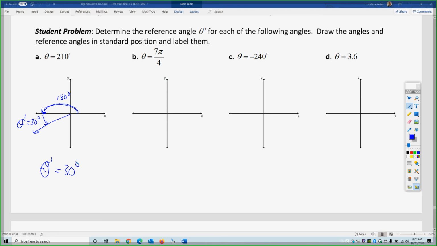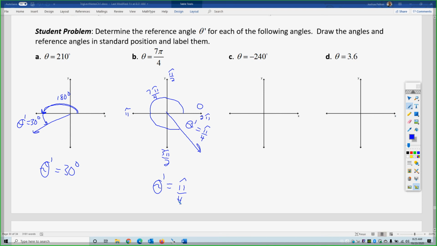If I go 1/4, 2/4, 3/4, 4/4, 5/4, 6/4, 7/4, I'm all the way over to here, because I went from 0 to pi over 2 to pi to 3 pi over 2 to 2 pi. So I almost made it to 2 pi, because 8 pi over 4 would be 2 pi. If this is 7 pi over 4, then the remaining angle is pi over 4, which would give me 8/4, which is 2 pi. So my reference angle is pi over 4.